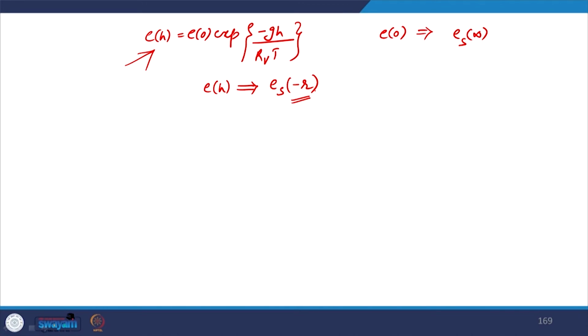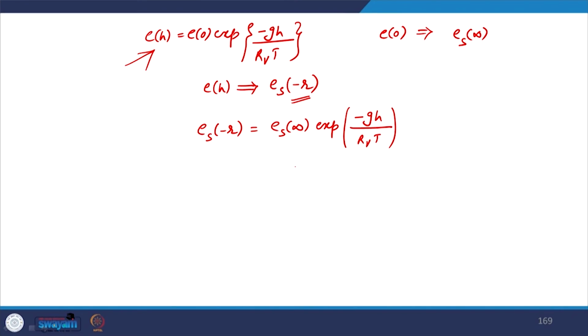the type of meniscus that we have taken. So, we can rewrite this expression as Es of minus R is Es of infinity times exponential of minus gH divided by RvT.